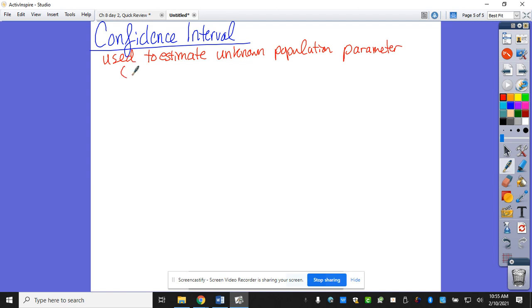And so you have a lower value and upper value. And I'm saying formula, but I'm writing a very generic formula in words.